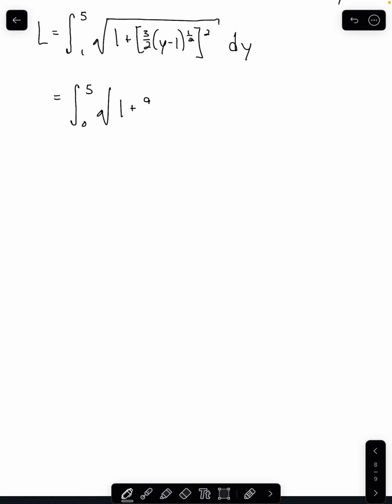The 3 halves squared is simply 9/4. Since the y minus 1 has an exponent of 1 half on it, that cancels with the exponent of 2 and simply leaves us with y minus 1. This is now a linear expression under the radical, which is very easy to work with.